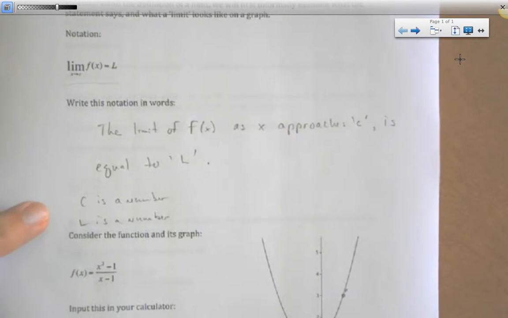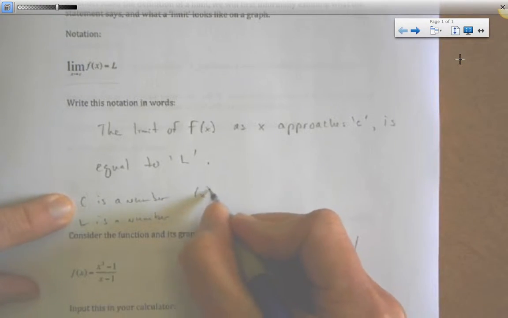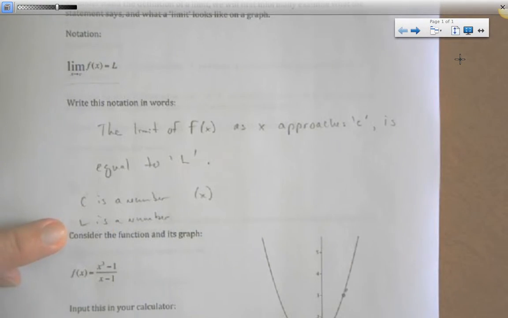So you're looking at a specific c location, which will correspond to your x value, and it's equal to L, which corresponds to a y value.